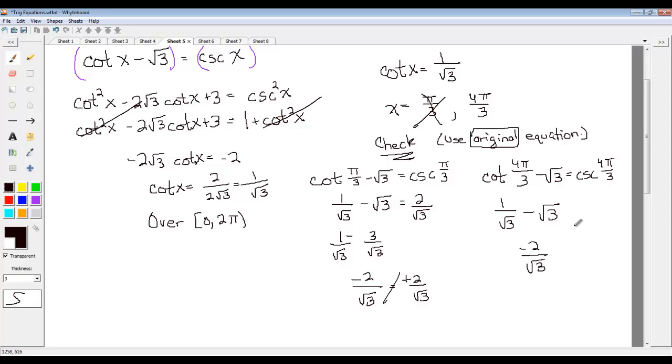And cosecant is 1 over the negative square root of 3 over 2, which gives me negative 2 over square root of 3. That one works. So 4 pi over 3 is my only solution here. I had two possible solutions, had to check them, and it turns out pi over 3 was extraneous.